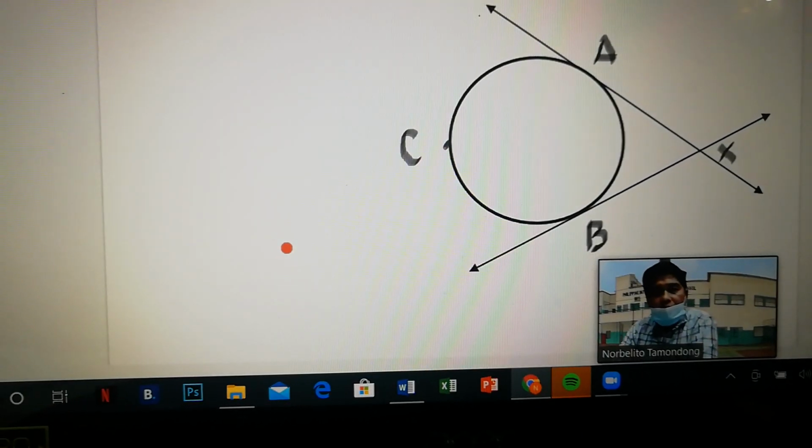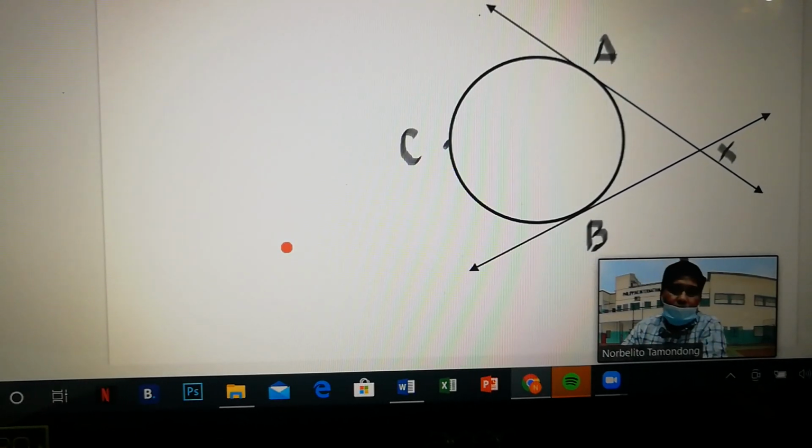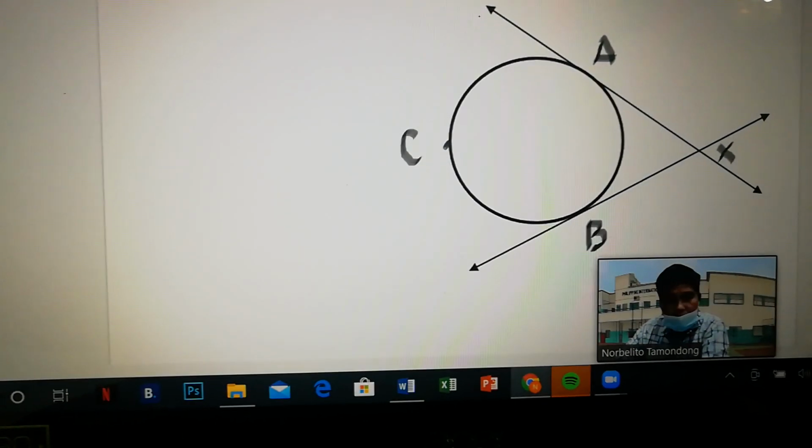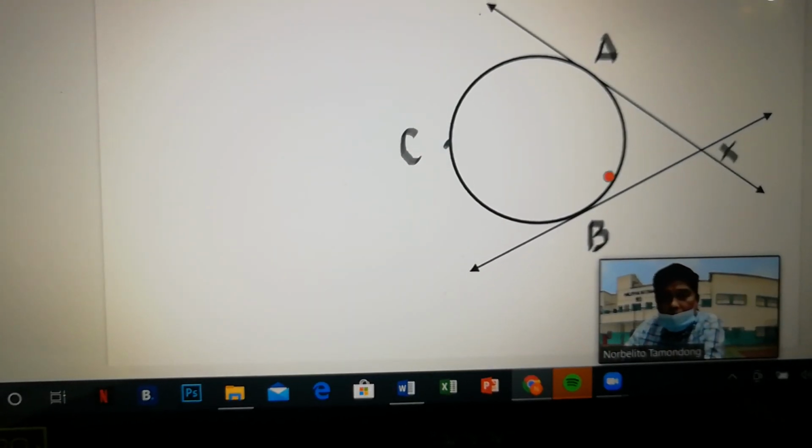Okay, next is the angle formed by two tangents intersecting outside. Let's see the measure of this arc. The smaller arc is 120 degrees. If this is 120 degrees, how do you find the major arc? What is the measure of arc ECB?